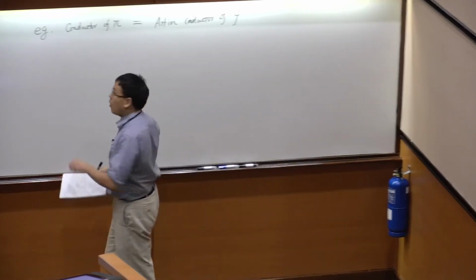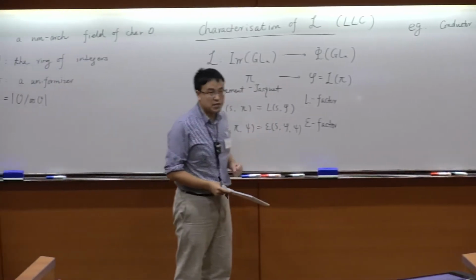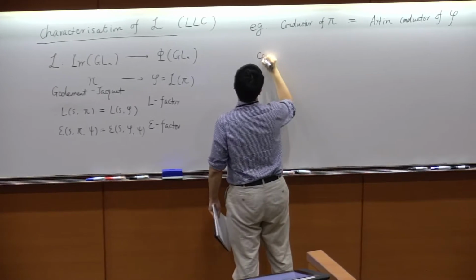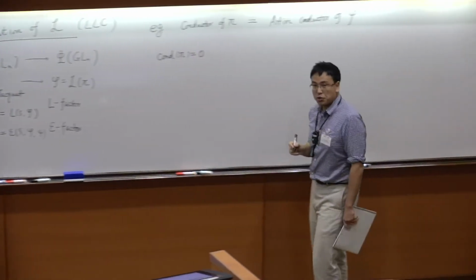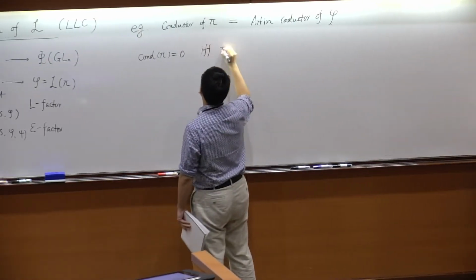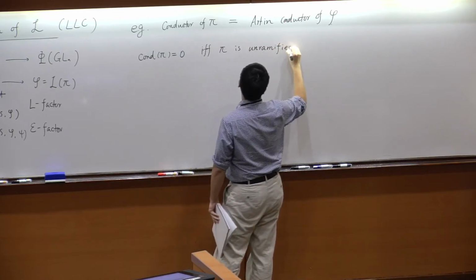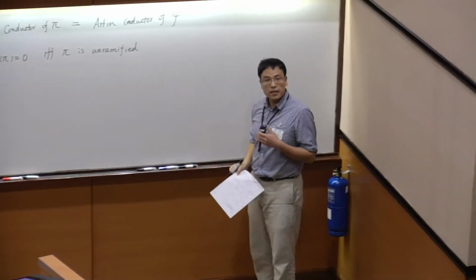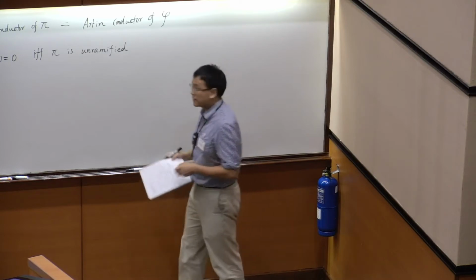Let's recall what the conductor is for an irreducible representation of GL_n. If the conductor is 0, this means this pi is an unramified representation, in other words, the pi has a maximal compact invariant vector.